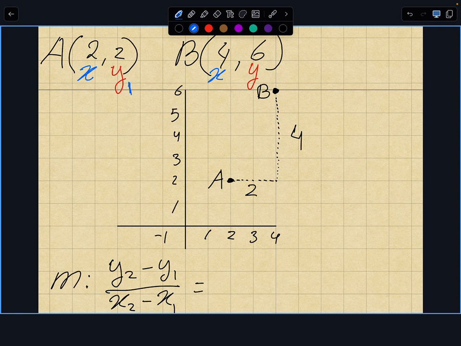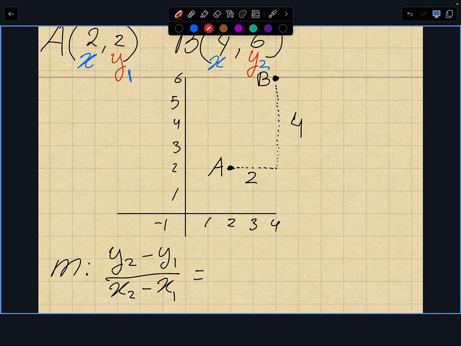The second coordinate also has a y, so that becomes 2. And then we go to the x values. I have x2 and x1. Well, we go back to the first coordinate, that is 1. I go back to the second coordinate, and that is 2.